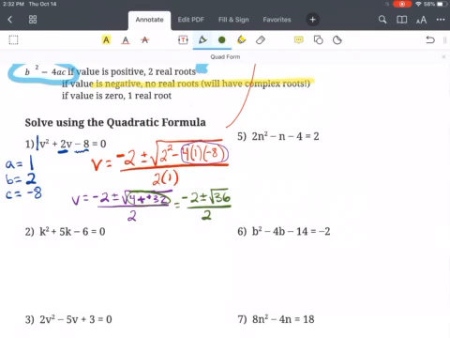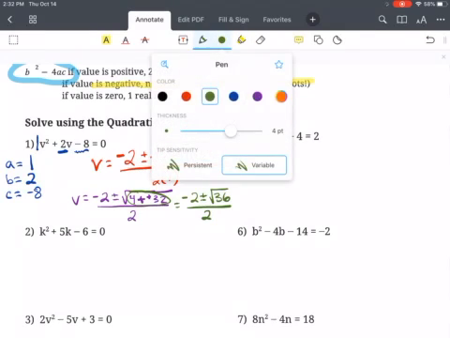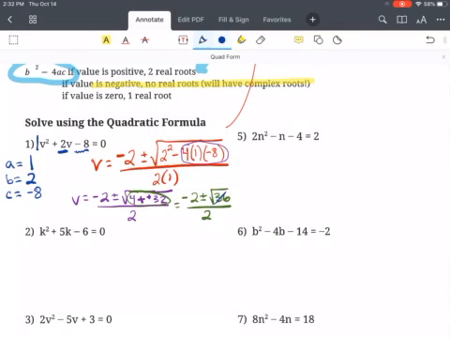Now if you remember that pink book we had of all of our square roots, the square root of 36 is 6. So that equals negative 2 plus or minus 6, divided by 2. We know that it's negative 2 plus 6 divided by 2, and negative 2 minus 6 divided by 2.